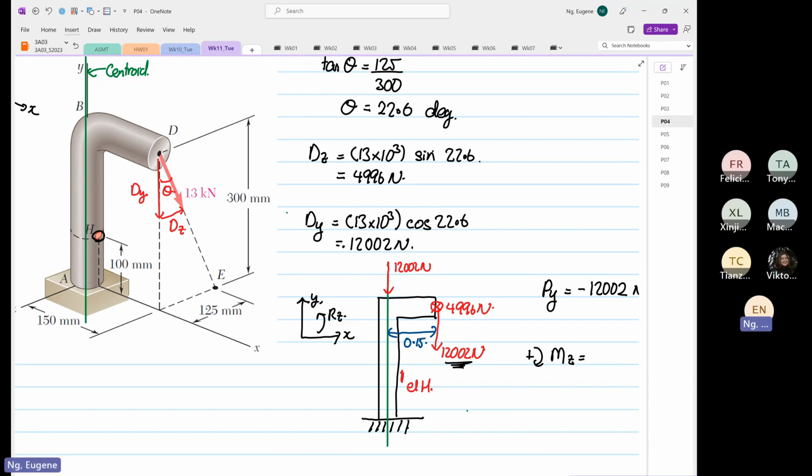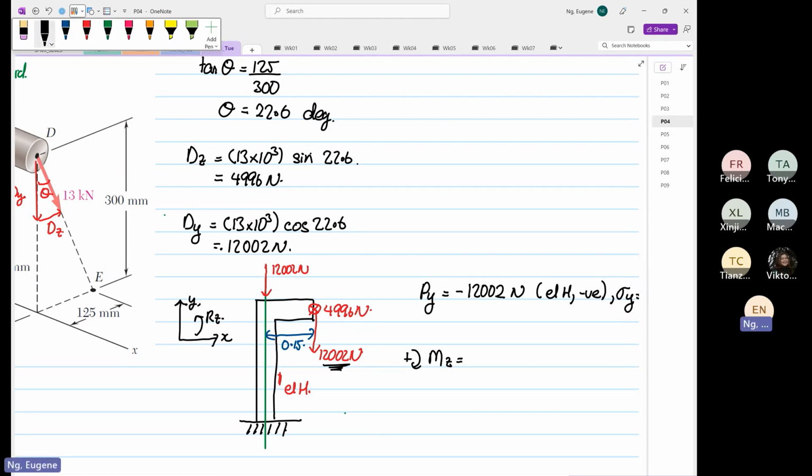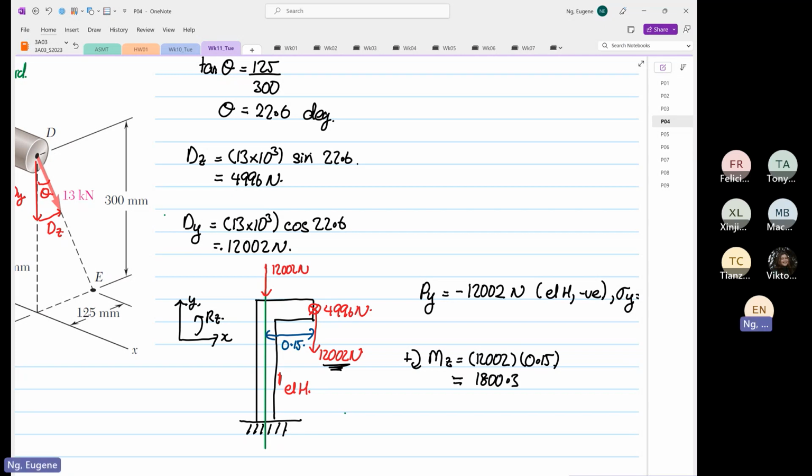You have to be really careful over here. So we have 12002 multiplied by 0.15, which is equal to 1800.3 Newton meter.